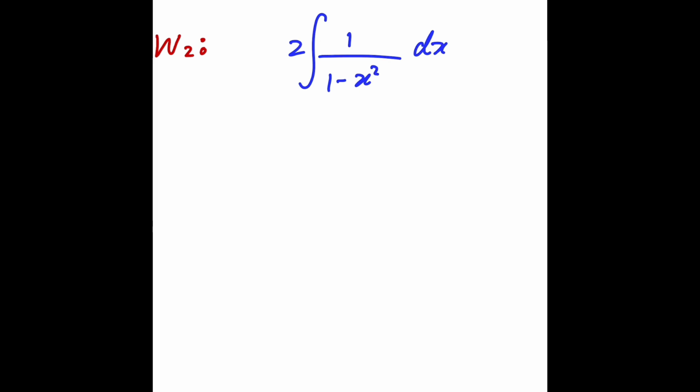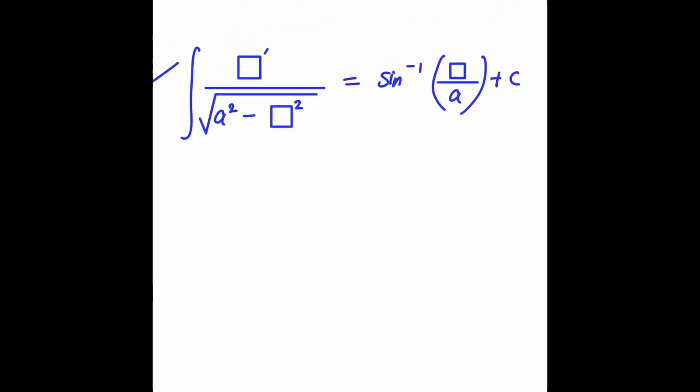We can see that the integrand matches our sine inverse integration formula, if you recall from the basic integration formulas, where this is a box squared and the differentiation of the box equals 1.